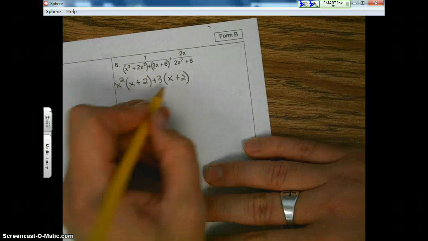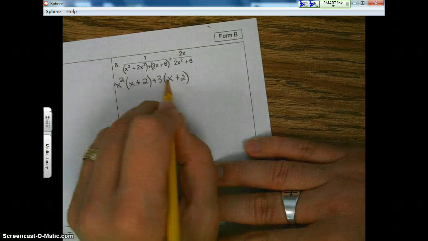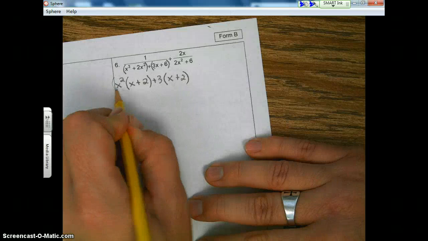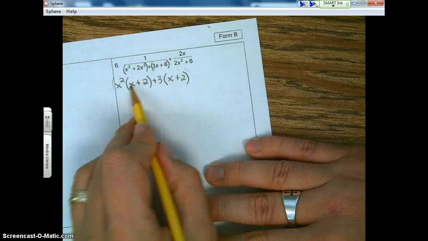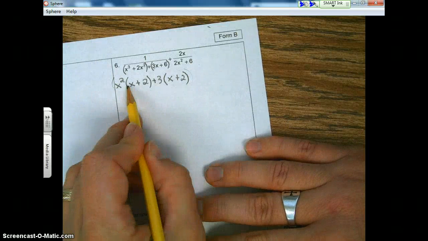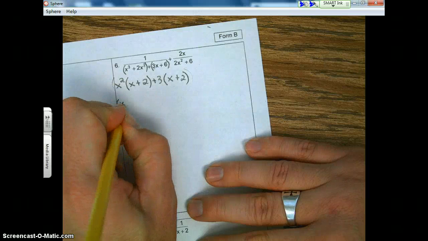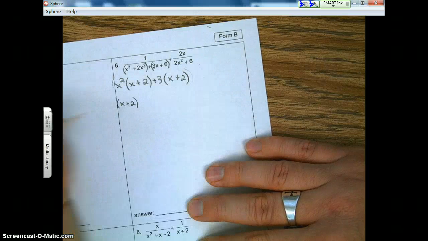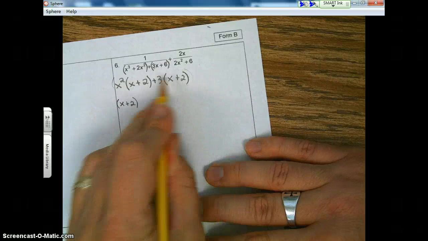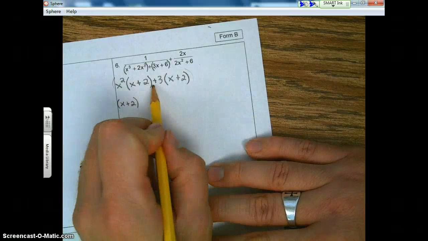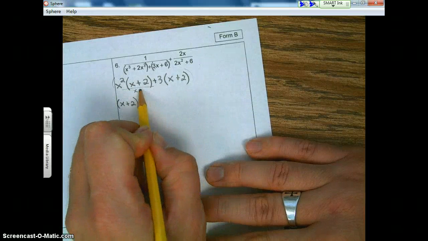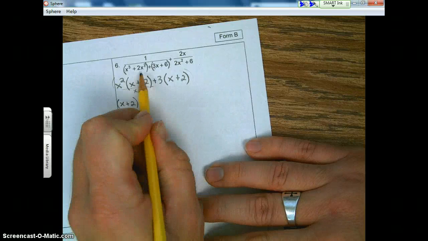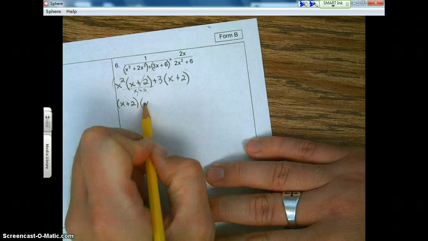Okay, next thing I'm going to do is this is a group. This is a group. So notice that these two terms have an x plus 2 in common. So I'm going to factor an x plus 2 out of both of these terms. So that means I'm going to divide this by x plus 2, which gives me an x squared.